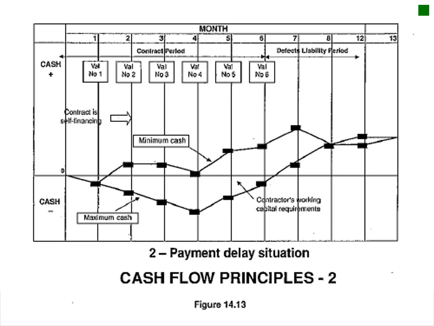Then if you have your payment delay situation, your optimal trend looks much better, with your secondary graph, or the contractor's working capital requirement, much lessened. So your minimum cash flow is relieved, and your maximum cash flow calculation is much better than it would be in a normal contract.